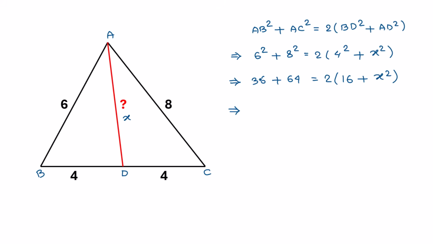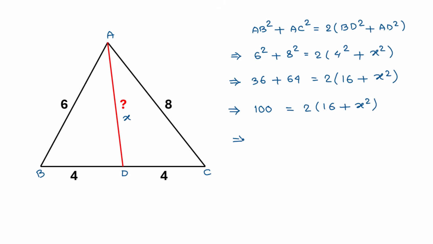Or 36 plus 64, this is 100, is equal to right side 2 times this 16 plus X square.